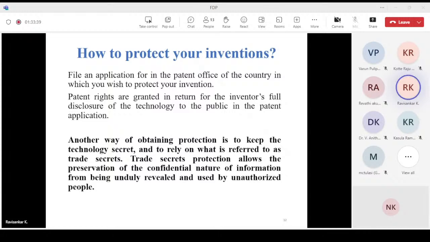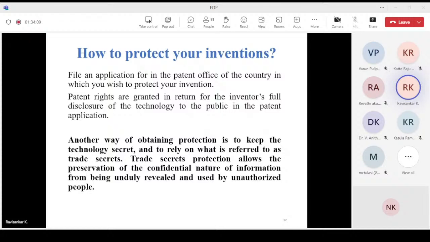Then there is another way of protecting your invention. The problem with a patent is that you have to disclose your whole invention and the detailed manufacturing process in the patent, which becomes public after it is published. People, after seeing your publication, will come to know about your invention, and they will find different ways to overcome it and prepare the same product.